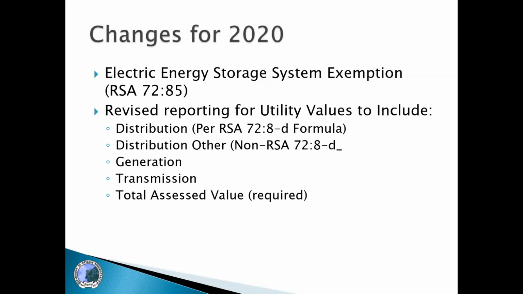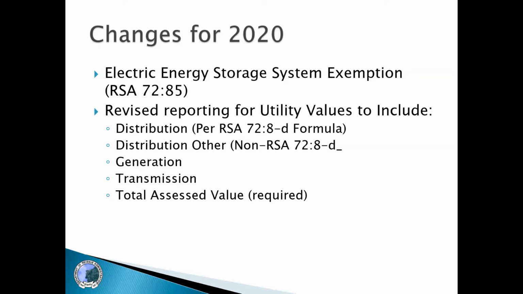So this is going to include the distribution valuation, which you would be doing per RSA 72:8-d, that new formula for distribution. There's also a value associated with other distribution that you're not valuing per the formula, and then a value for generation assets and transmission assets.